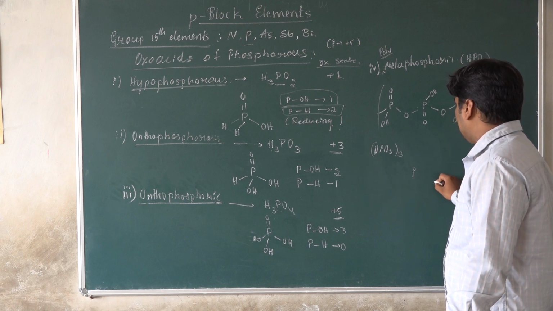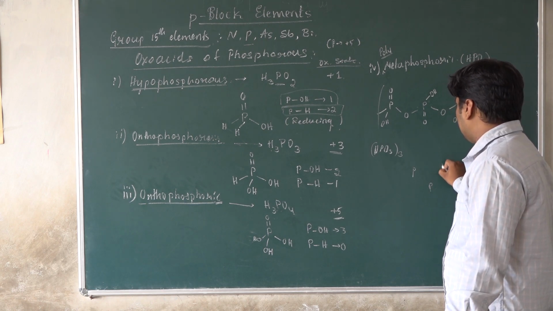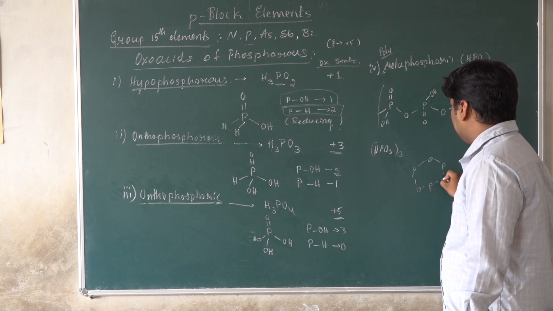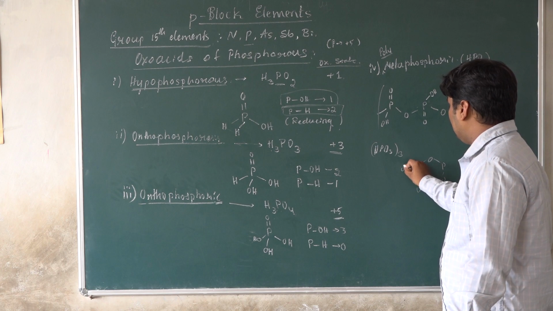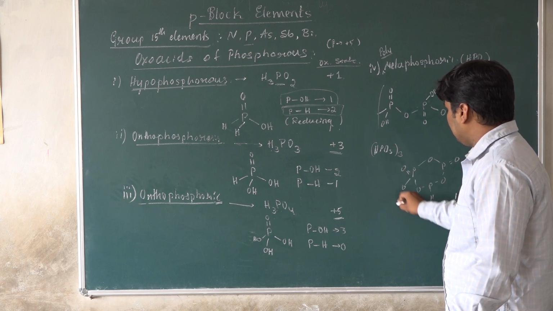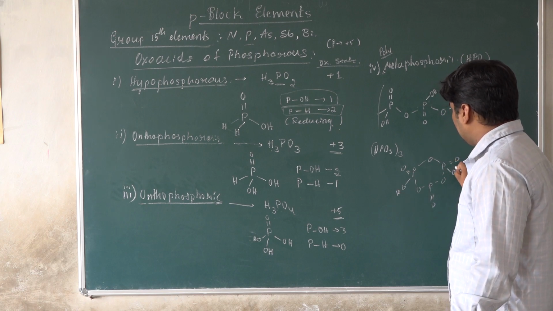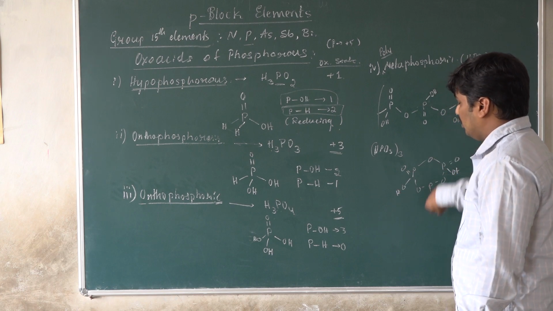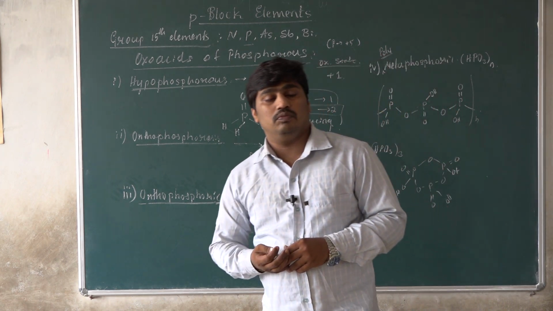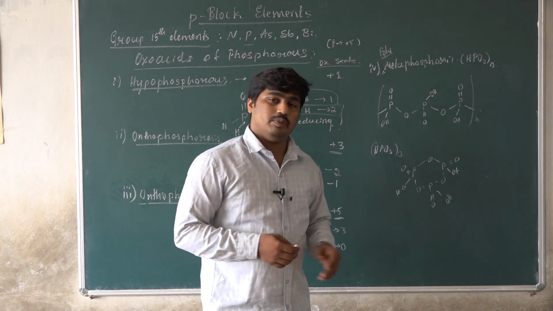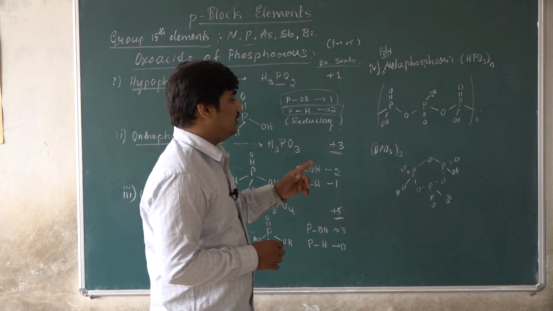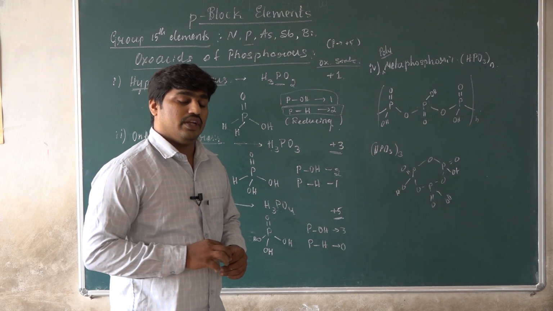Phosphorus like that, with oxygen linking them. Each phosphorus contains one O, and each one contains OH. Like that, this is the cyclic structure. Cyclic polymerization leads to the formation of cyclic phosphoric acid.